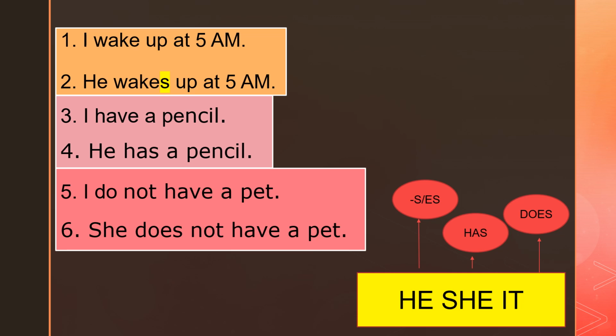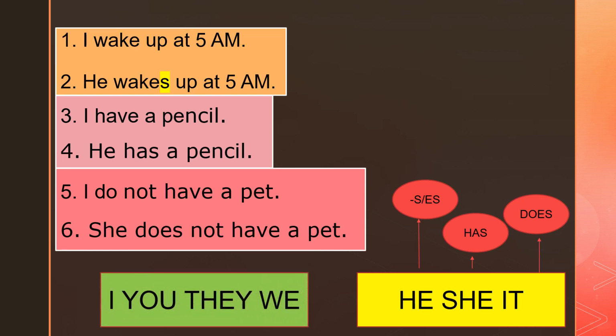For example, she does not have a pet. He does not have a pet. We also need to use has instead of have for mempunyai, like he has a pencil. She has a pencil. Sir, how if the subject is either I, they, we, or you? We would like to discuss it further in the next slide.